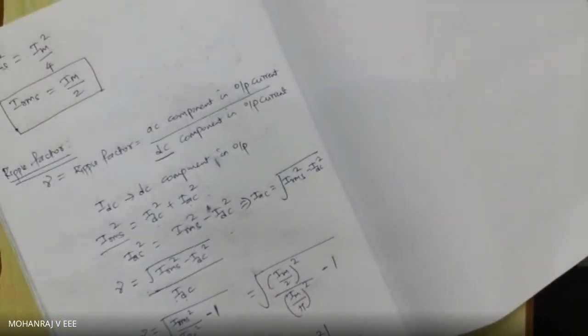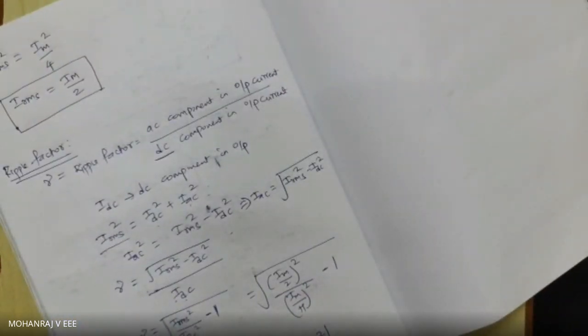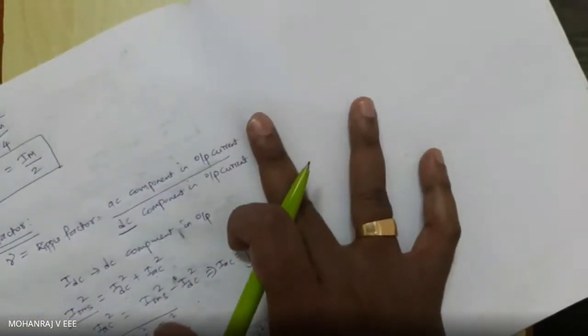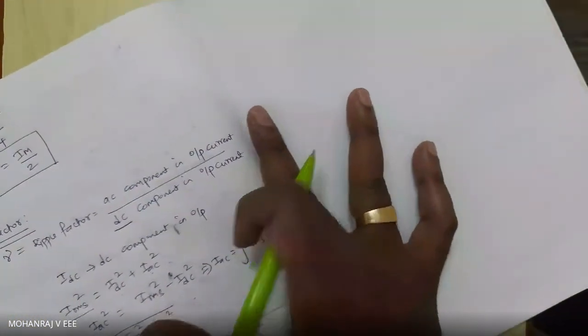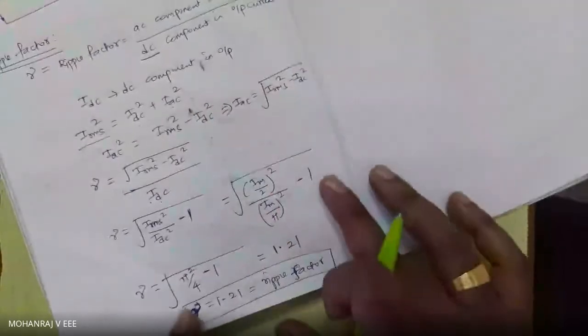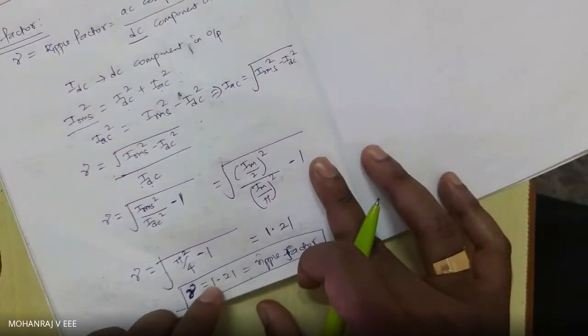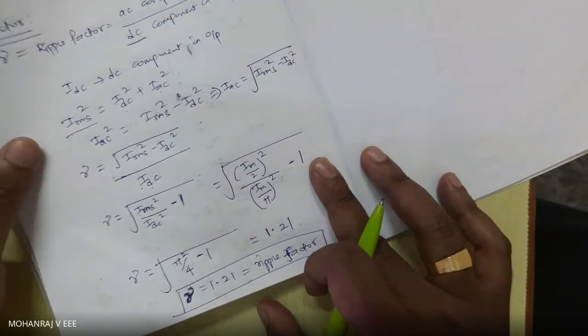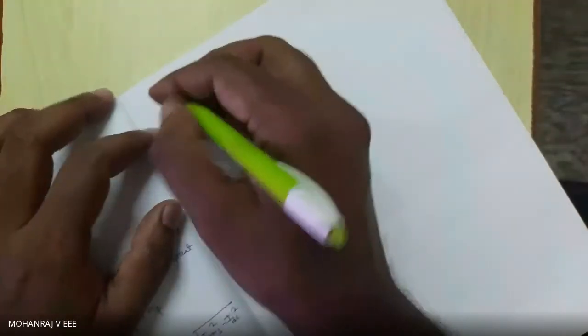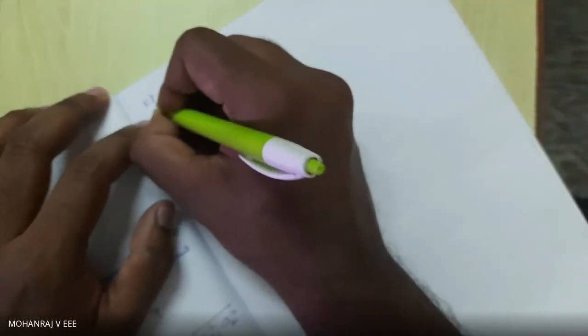Now we will calculate what is the efficiency, rectifier efficiency. So ripple factor is found out to be 1.21 for half-wave rectifier. What is the efficiency?